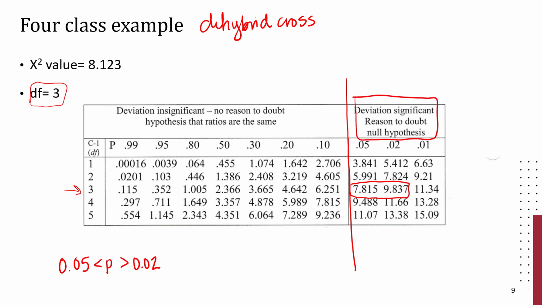This means that we have reason to doubt our null hypothesis, that we have deviated too much from what we expect, and we need to reject that null that states that our observed is the same as our expected. Again, if it would have fallen on this side, then we have no reason to doubt that null hypothesis, and we do not reject that null hypothesis.